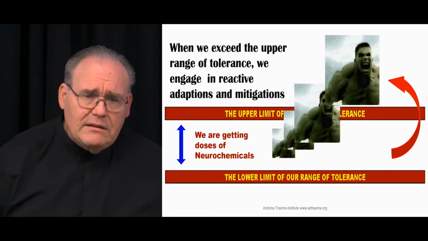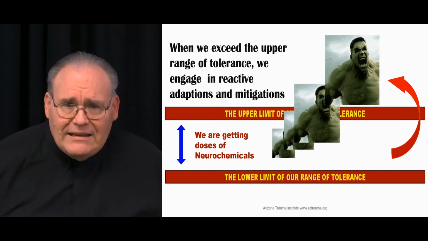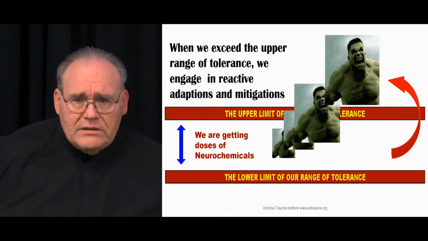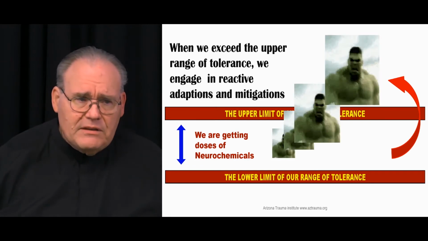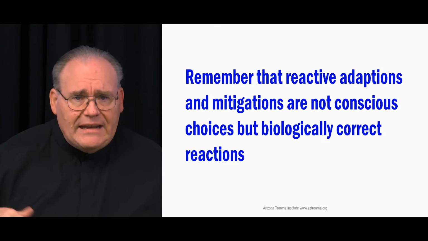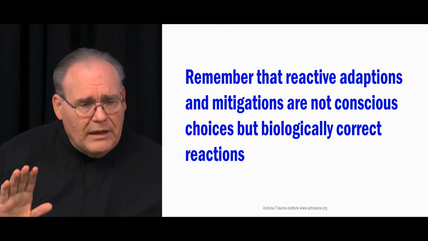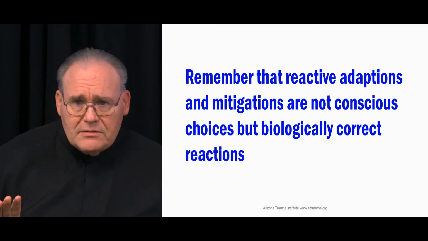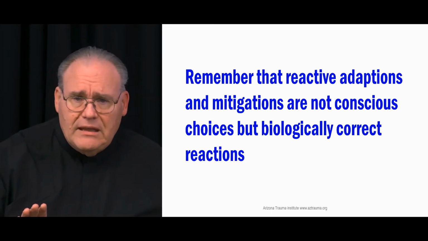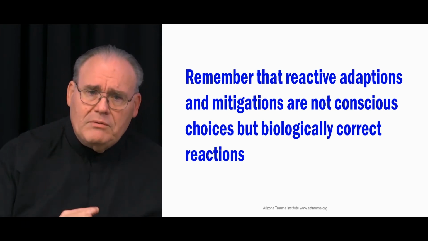And when we exceed the upper range of tolerance, we engage in what we consider to be reactive adaptations and mitigations. So let's talk a little bit about those and see if this can make sense to you. Remember that reactive adaptations and mitigations are not conscious choices, but are biologically correct reactions. We spent quite a bit of time talking about that in the prior section, but it's important to carry the theme through.